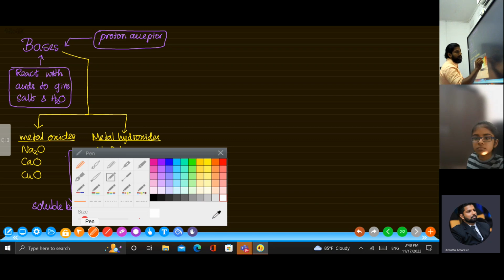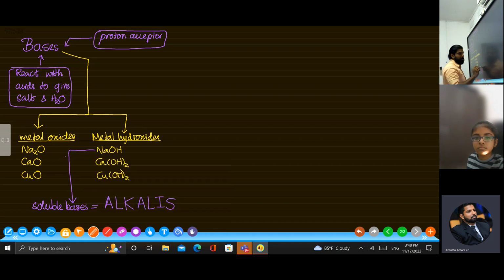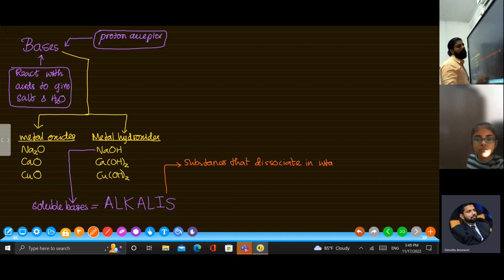Write the definitions in red or orange. An alkali is a substance that dissociates in water to give hydroxide ions.